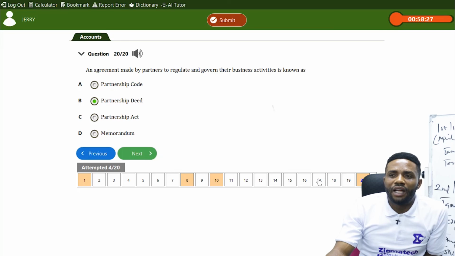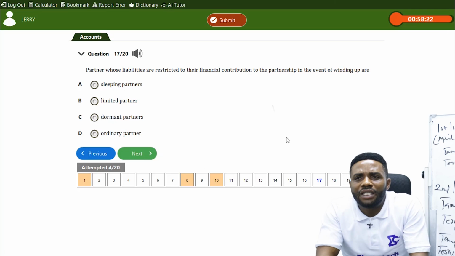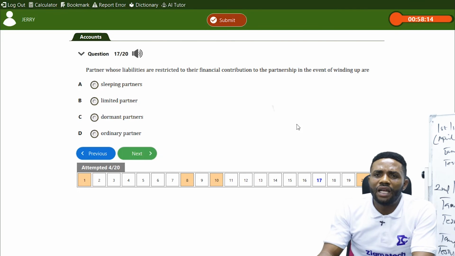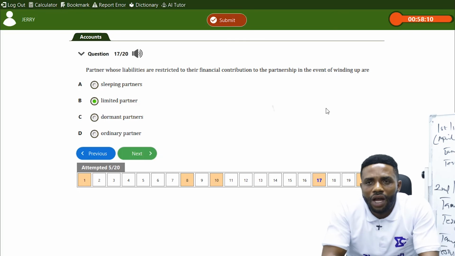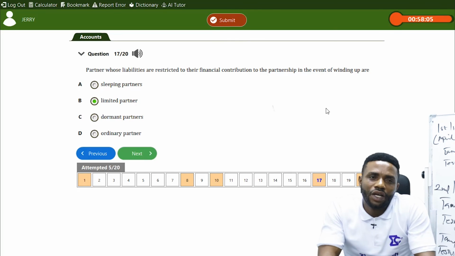Let's take 17, the last. A partner whose liabilities are restricted to the financial contribution to the partnership in the event of winding up is a limited partner. All right, so that's how far we can actually go.